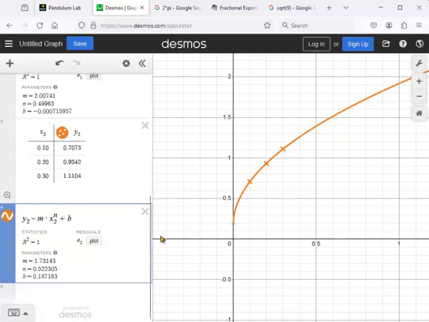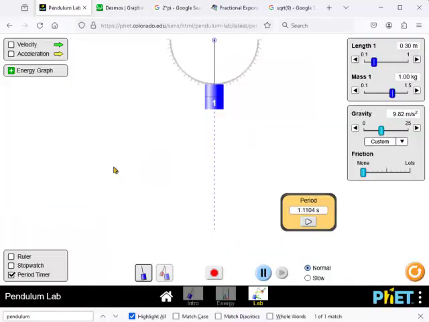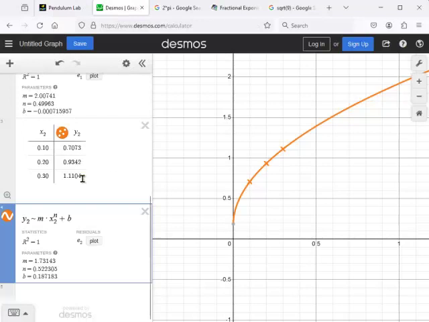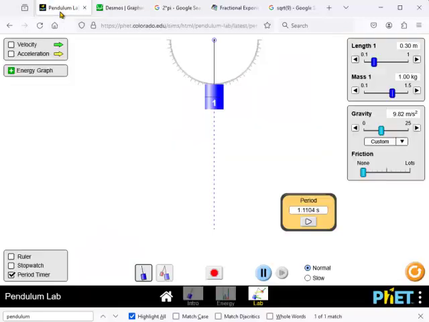What I'd like you to do now is to continue all the way up to 1.00 here, measure the period, and put these in the Desmos graph. Here you may use the first three I made, or you make your own. And I think my instructions are hopefully clear enough.